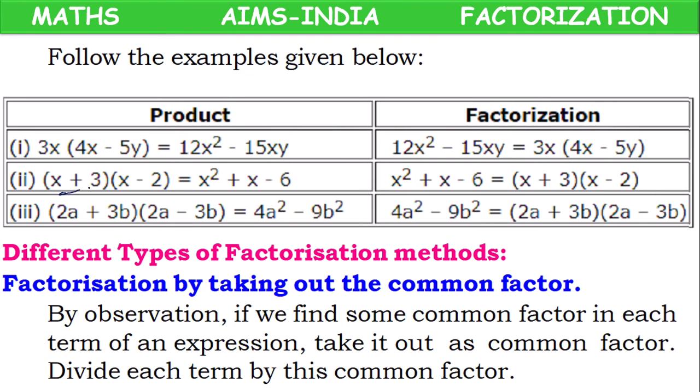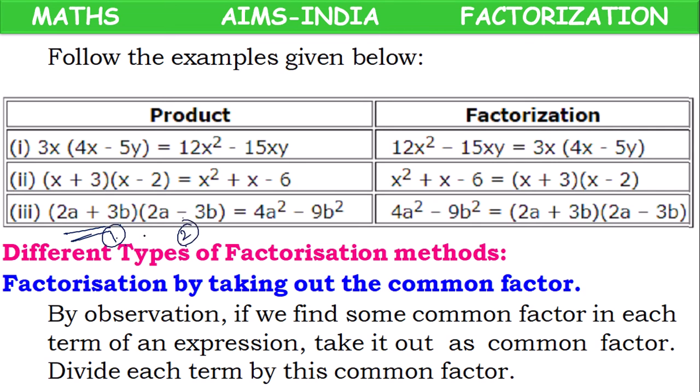In the second example, (x plus 3) into (x minus 2). Two expressions we have multiplied and we have got x square plus x minus 6. So this is called product. But in factorization, what will we do? This bigger expression is split into smaller expressions. Third one also, 2a plus 3b is the first expression, 2a minus 3b the second expression.